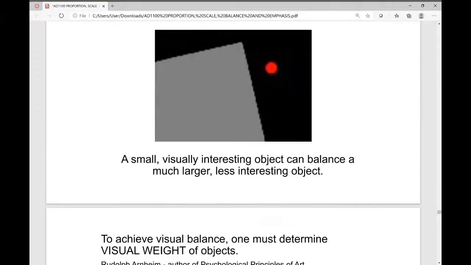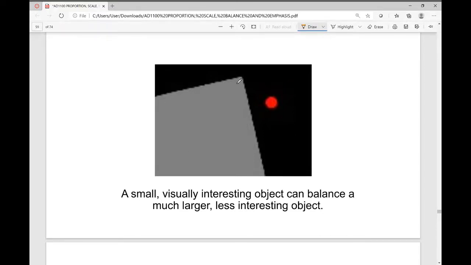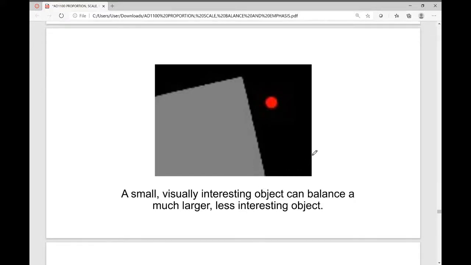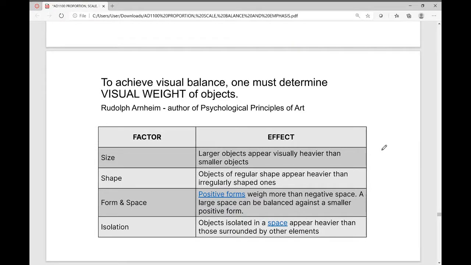So a small, visually interesting object can balance a much larger, less interesting object. For example, you have this vast space, and then there is this very monotone gray color. It's very plain, but you add an interesting object that creates an actual balance in the space. So to achieve visual balance, one must determine the visual weight of objects.